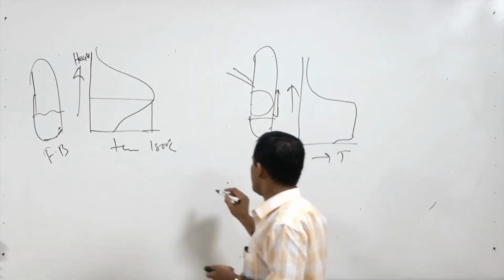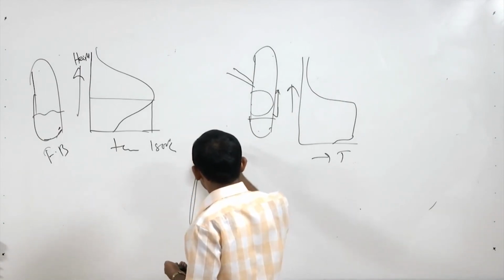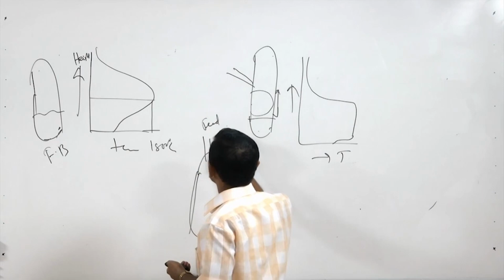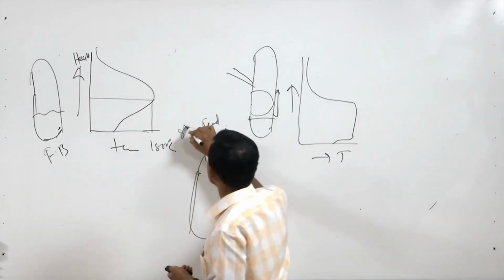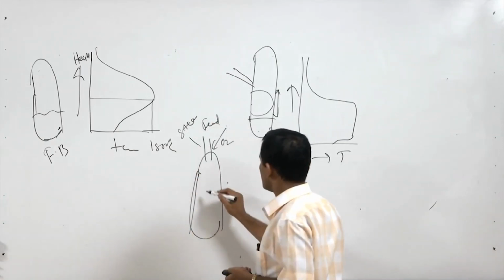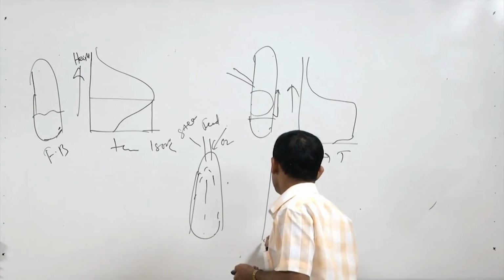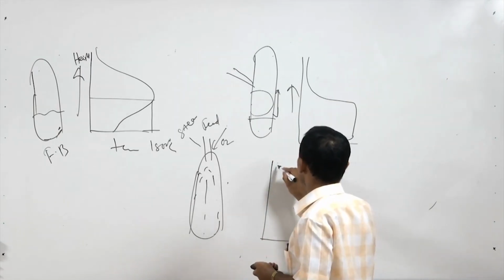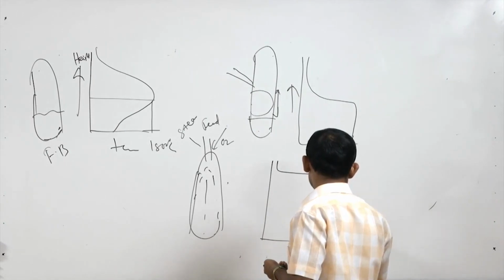And if it is an entrained bed, we are putting the feed, the air or oxygen and steam from the top of the reactor. In this case the temperature will be uniform throughout the length, but it will be very high from the beginning.